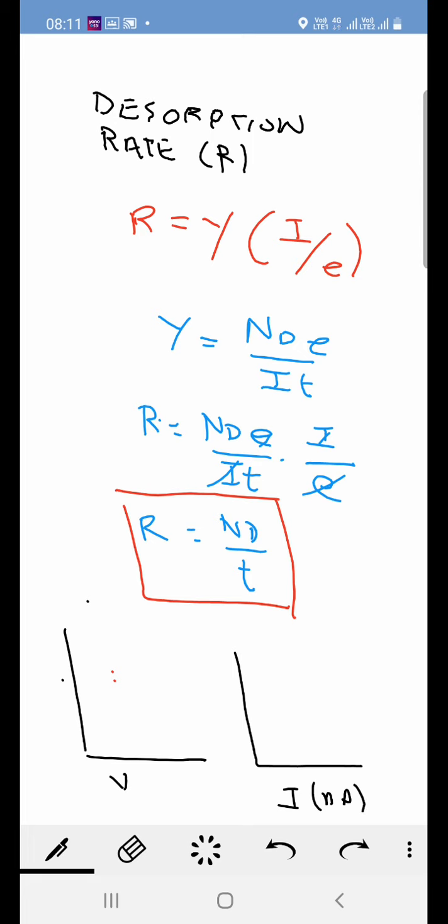So we can see that in the case of the desorption yield, the plot takes the following path. It is like this. So this is 0, this is -5, and this is +5.